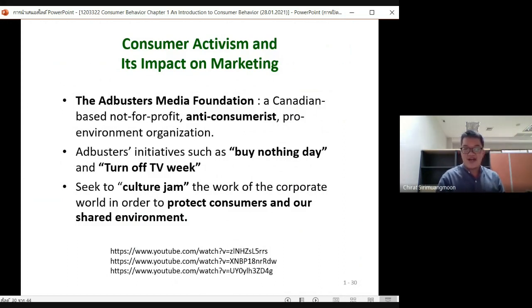So they have campaigns, like Buy Nothing Day. On that day, no one is going to buy products, to ban the overconsumption of materialism. Or TV Turnoff Week, because they did not want any advertising or any products that will influence you to buy.